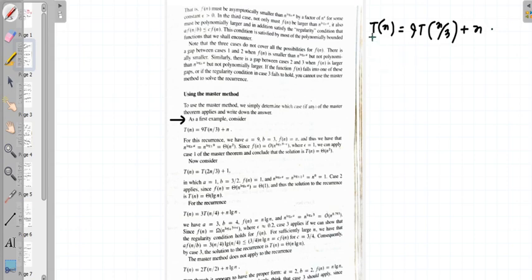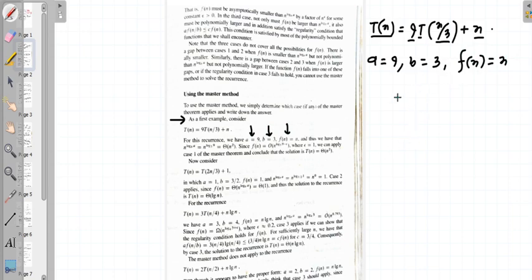So you see, this is T(n) = aT(n/b) + f(n) form, where n is f(n). So now we can write a = 9, b = 3, and f(n) is equal to n. So it is written here: a = 9, b = 3, f(n) = n.